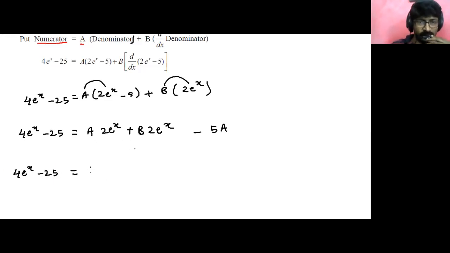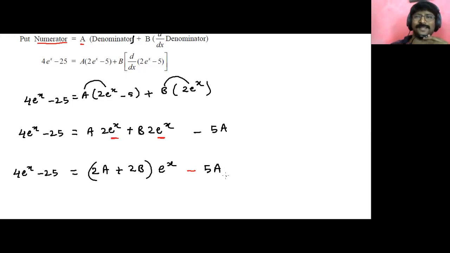It will become (2a plus 2b) into the bracket e power x. What I am doing is taking out e power x common outside, minus 5a as it is. I hope students you understood till here perfectly. Show thumbs up. That's nice. Yes, everyone's showing thumbs up.